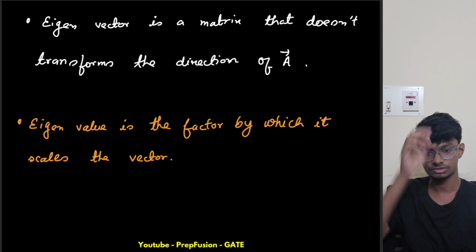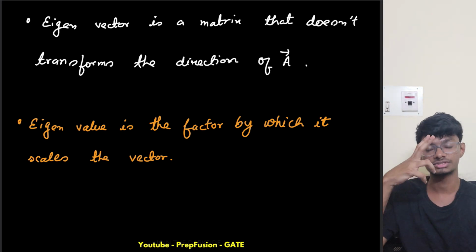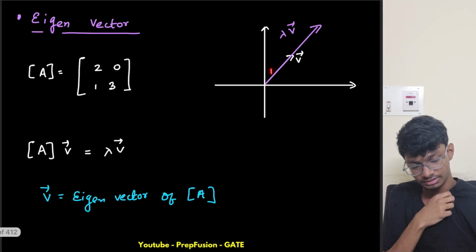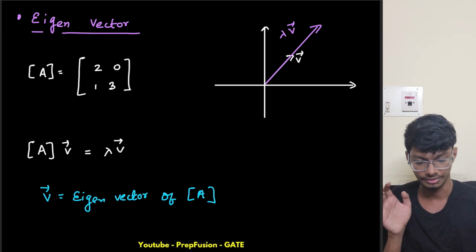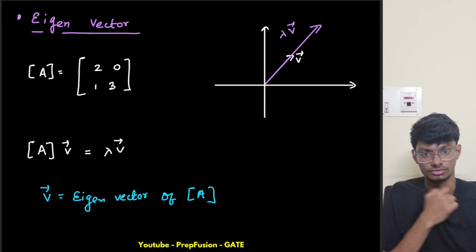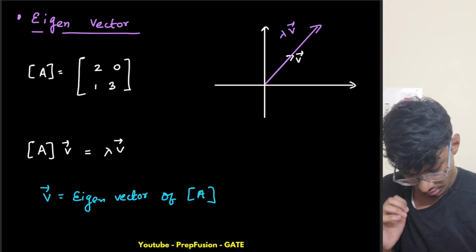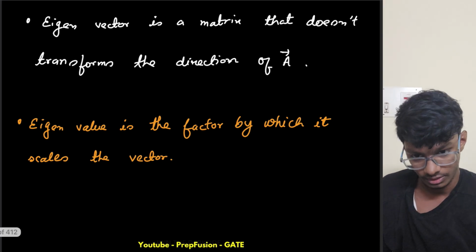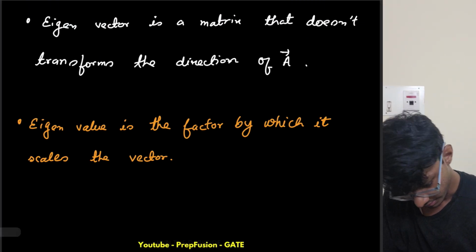Or you can say how much it stretches or compresses this vector. The vector is either stretched, increased, or compressed. It can be less than 1 also. So that is what the eigenvalue is.